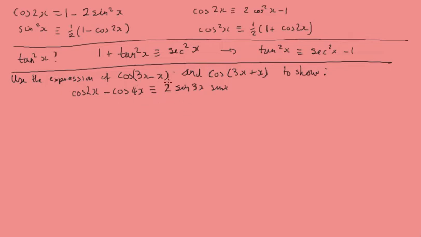So we know we need to use these two things. How does this and this relate to this and this?